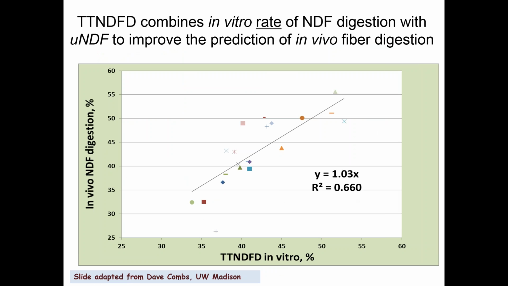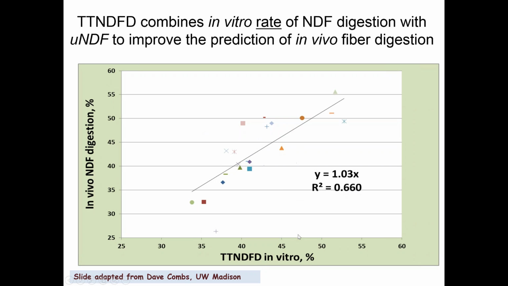This is some data that was published. I've adapted all of these slides from Dr. Combs. Many of you may have seen it at the recent in-service training up at West Salem. If you take his output of total tract NDF digestibility in vitro versus what the cows told us from, I believe, seven different experiments conducted here at the UW, it's a pretty nice relationship, explaining 66% of the variation.